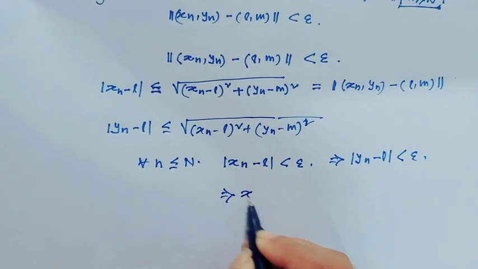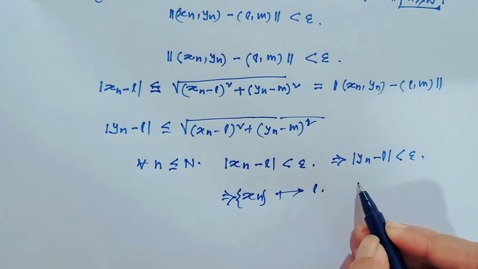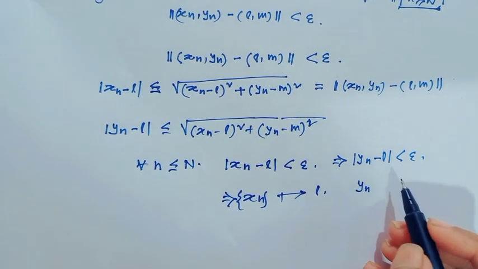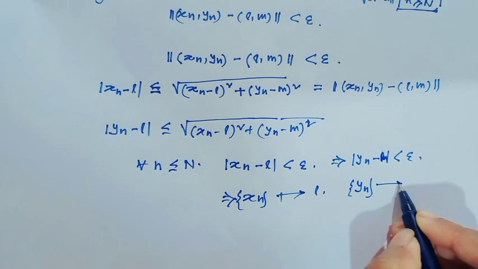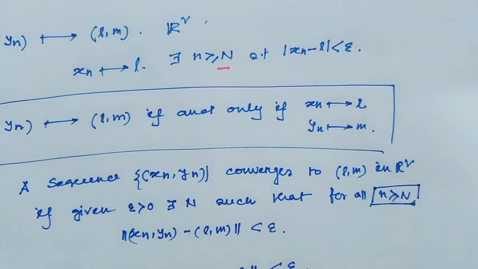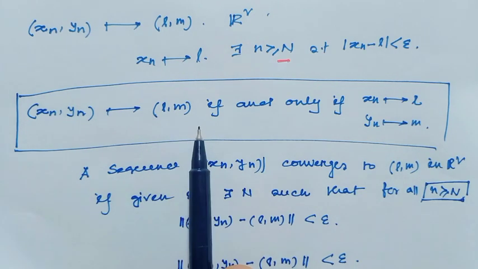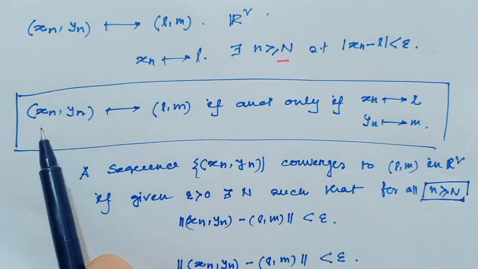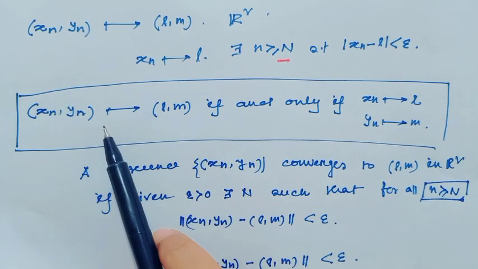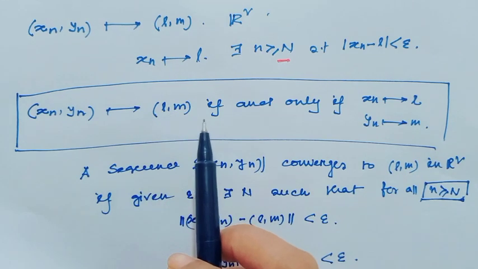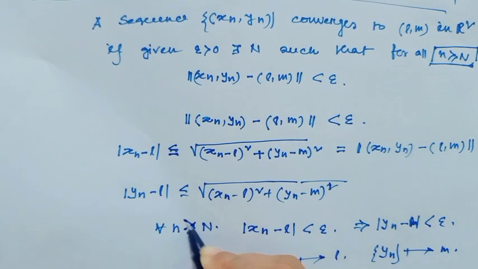That implies the sequence xn goes to the limit L, and the sequence yn, sorry, here M not L, the sequence yn goes to the limit point M. That means the sequence (xn, yn) goes to (L, M) means if you concentrate on the first coordinate, then xn goes to L, and if you concentrate on the second coordinate, then yn goes to M.